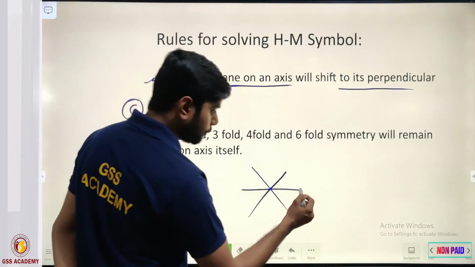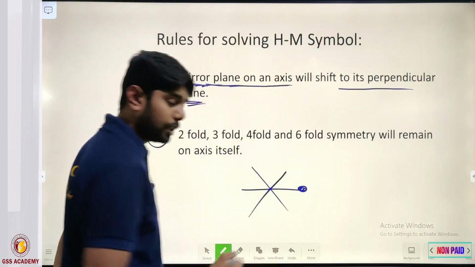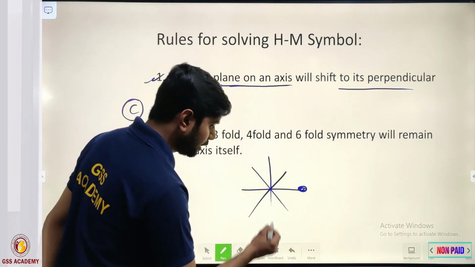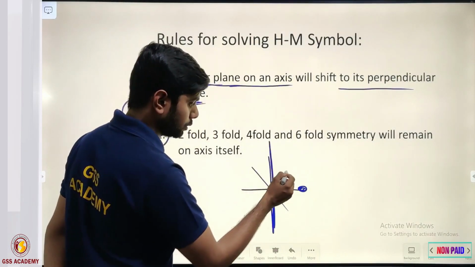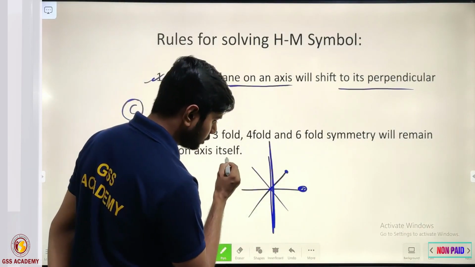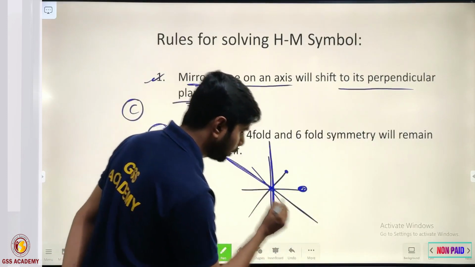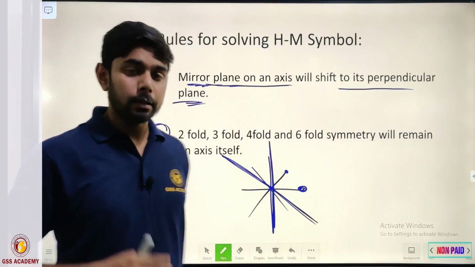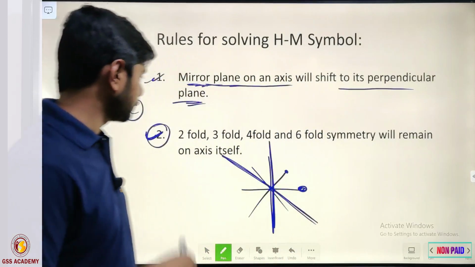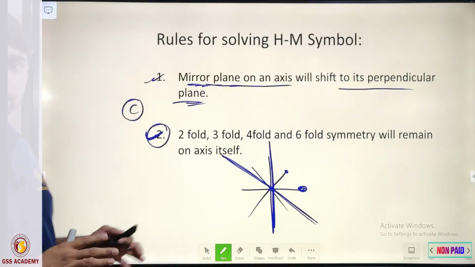So the mirror plane which is present on this axis will be reflected on its perpendicular plane, that is this plane. So this is a point of confusion. I think this is clear now.